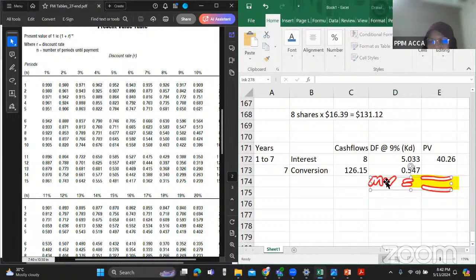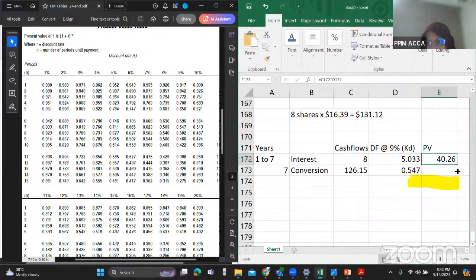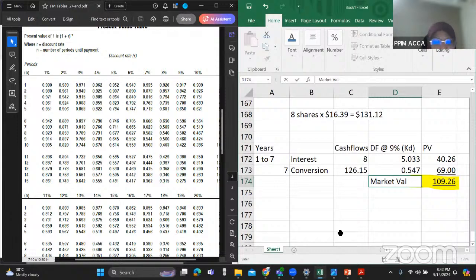So here the answer will be 69. Then if you want to get the market value, just add the 2 up. So 40.26 plus 69 is 109.26. That is the market value of this particular convertible.